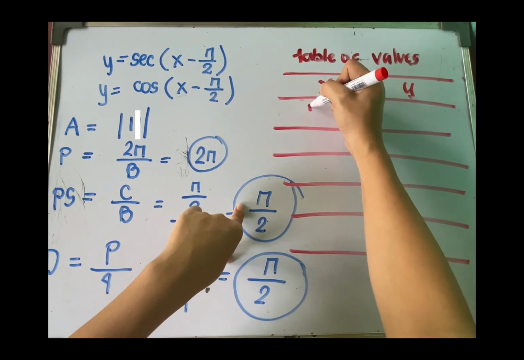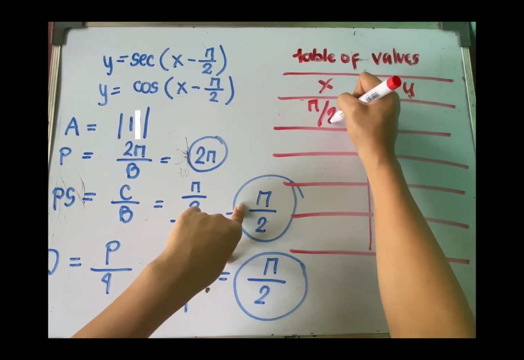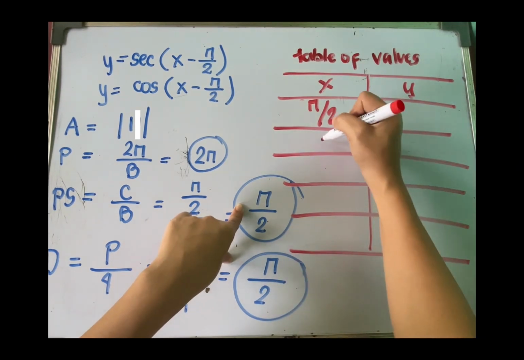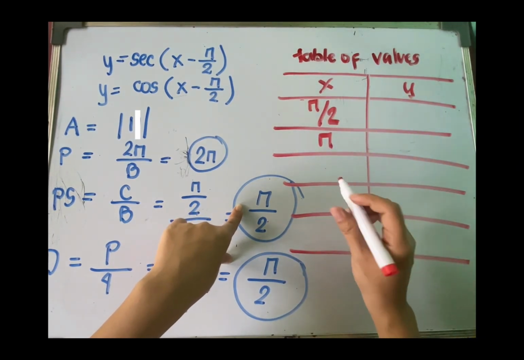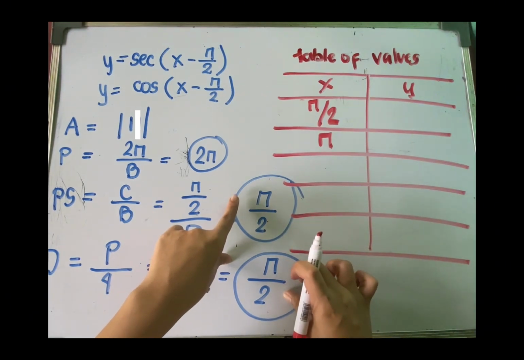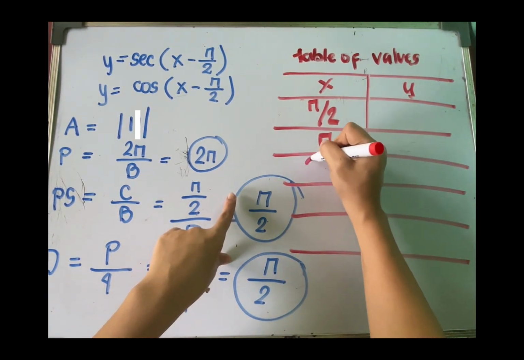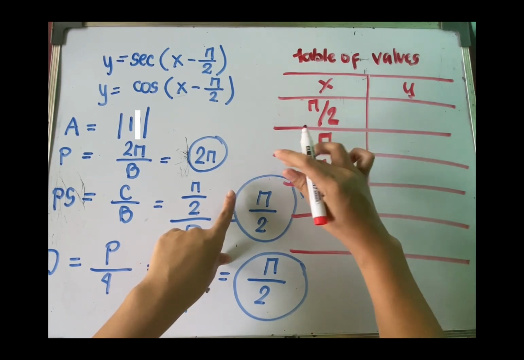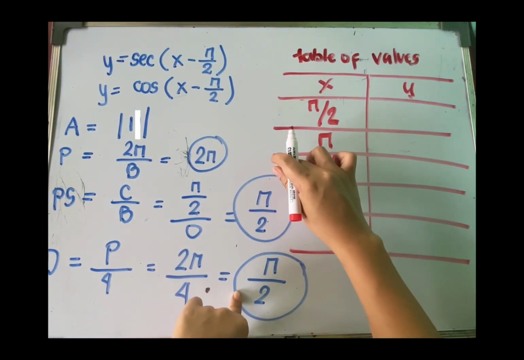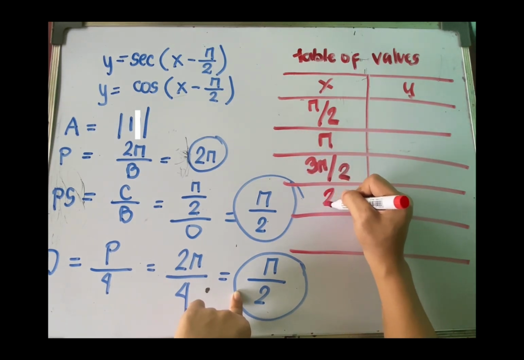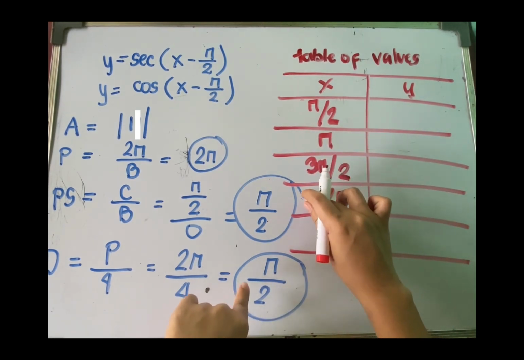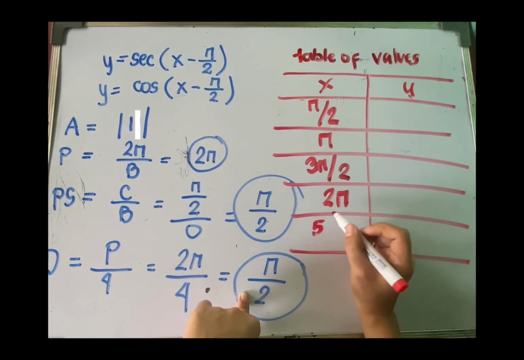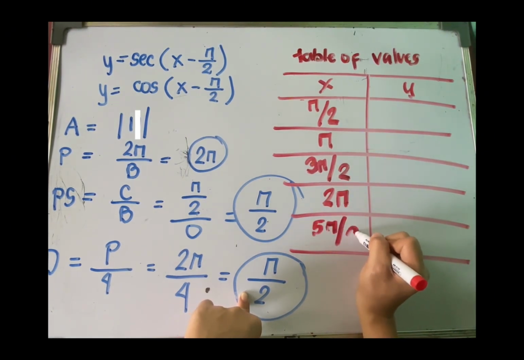Adding the distance pi over 2, it becomes pi. Then pi plus pi over 2 is equal to 3 pi over 2. Then 3 pi over 2 plus pi over 2 is equal to 2 pi. Then 2 pi plus pi over 2 is equal to 5 pi over 2.